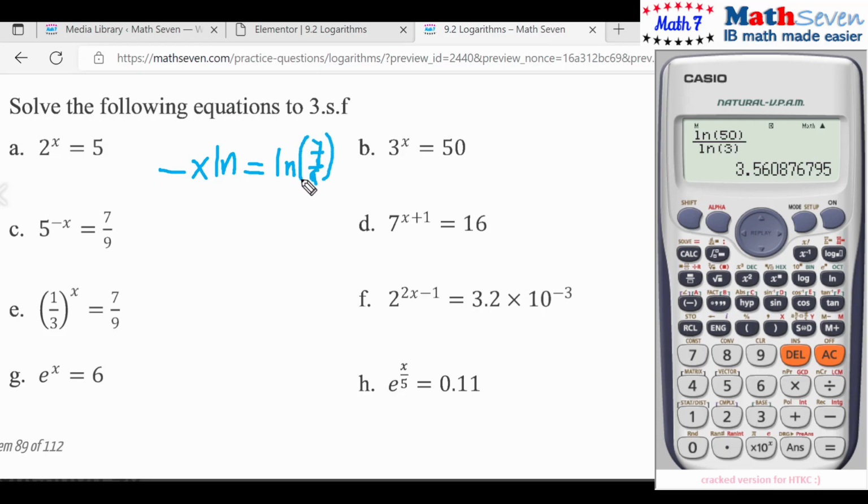Okay, I have brackets, so divide both sides by minus ln 5, so x equals minus ln 7 over 9 over ln 5.